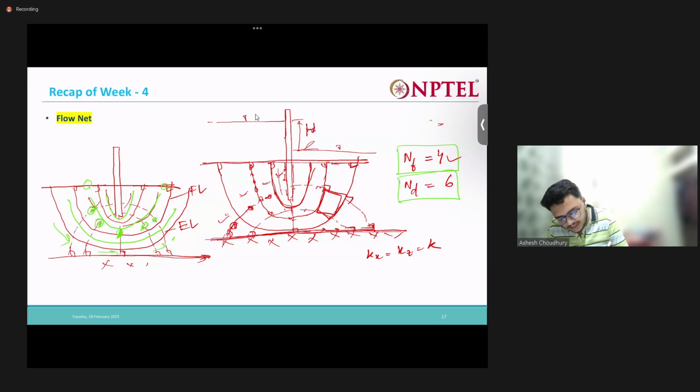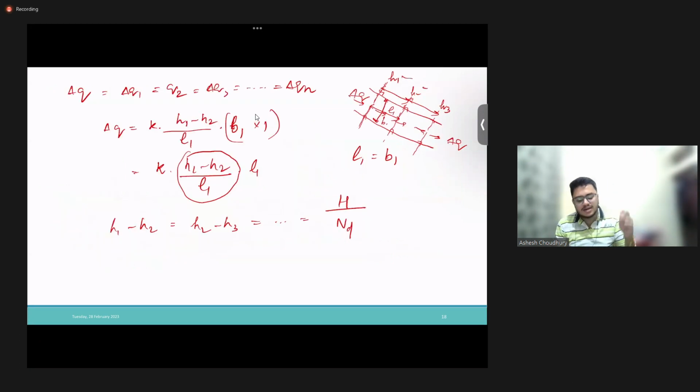My total head from upstream to downstream was capital H, and the total number of drops was 6. So in each drop, from here to here, the head loss will be capital H by 6. So in each drop my head loss is the same. It is equal to the total head loss divided by the total number of drops.